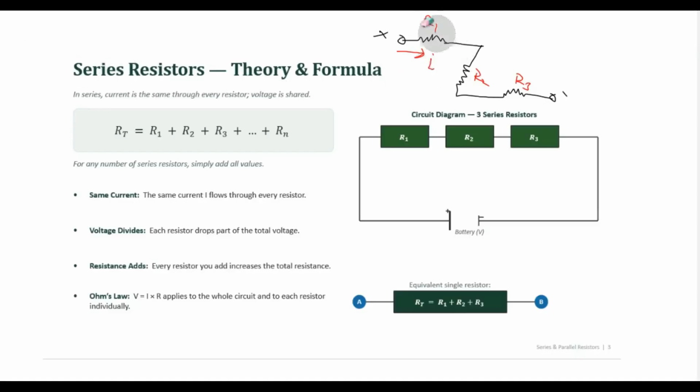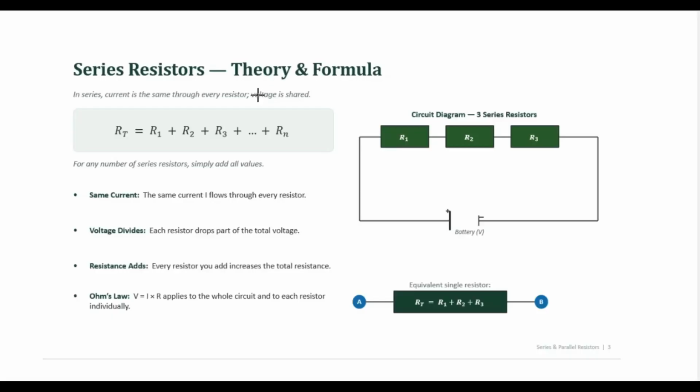This is a typical simplified circuit that shows resistors in series. Here you have R1, R2, and R3, and then a battery connected across. In series, current is the same through every resistor, as I've explained. Voltage is shared, so voltage is divided when resistors are in series.